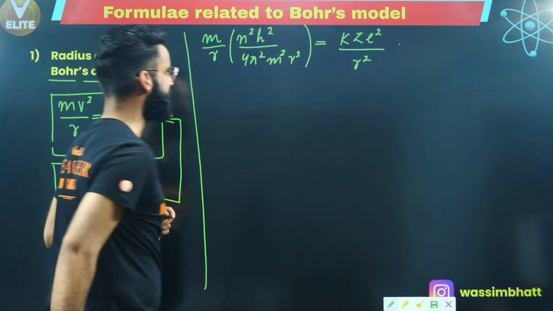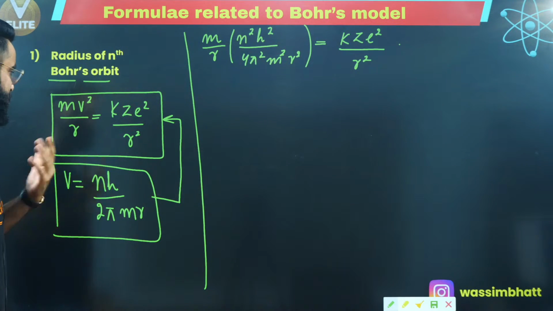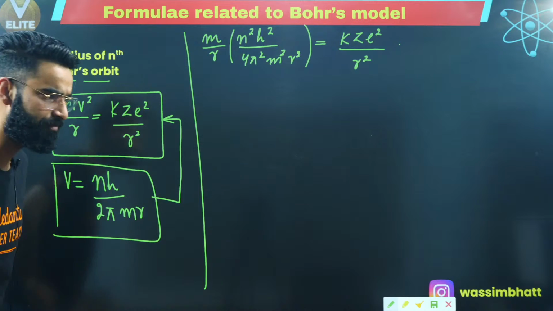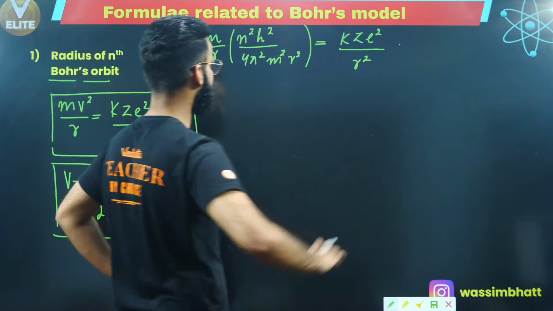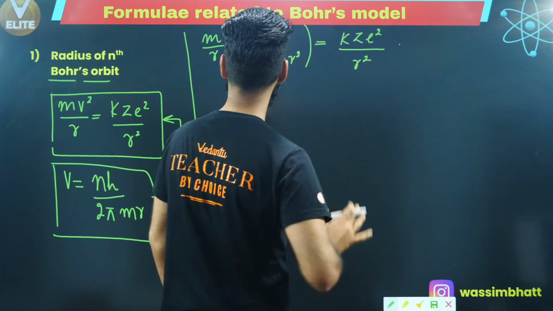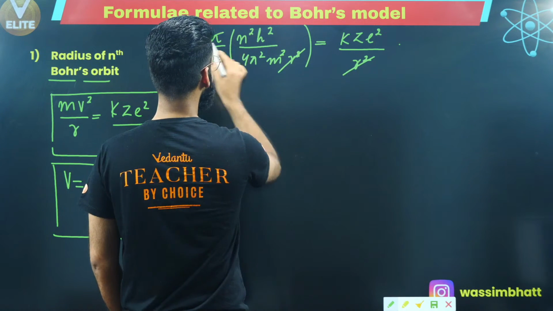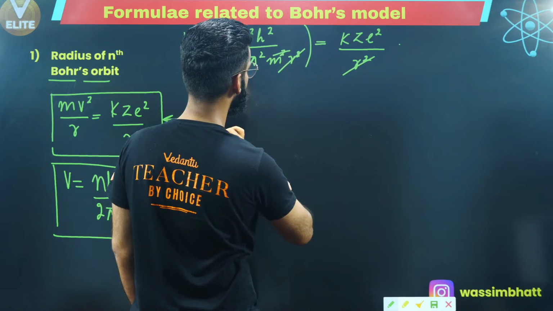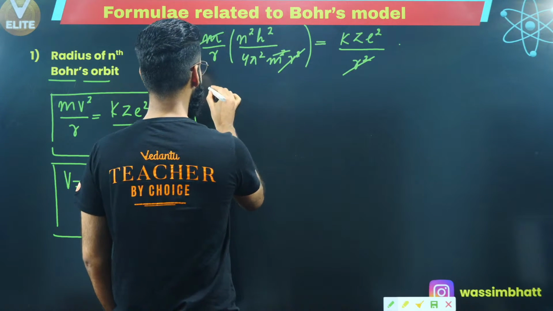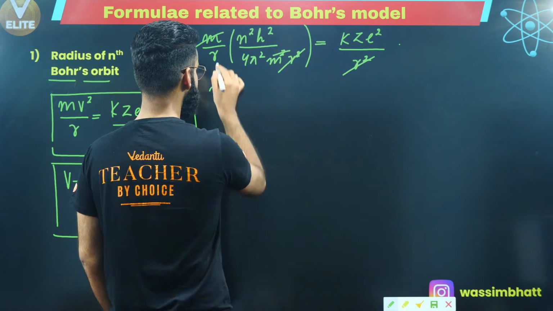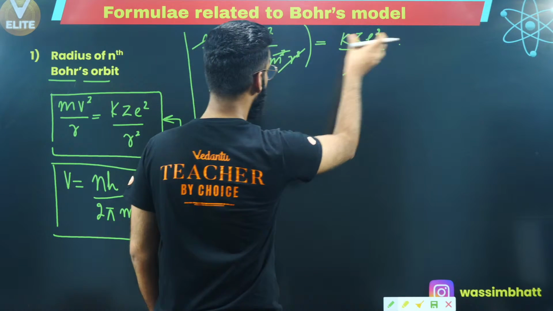What do I need to calculate exactly? I need to calculate the radius of the orbit, the radius of the Bohr's orbit. How would I be calculating it? See what all terms will get cancelled out first of all. Can you see this r square and this r square got cancelled out? This m will get cancelled out with this m square over here. So what I'll be getting is the radius of the orbit. Just take this r over here and keep all the terms right here.